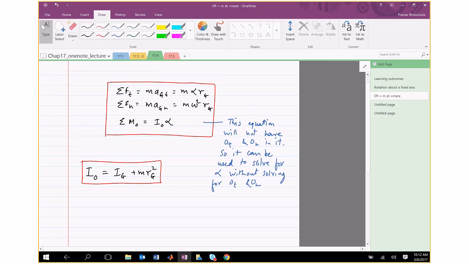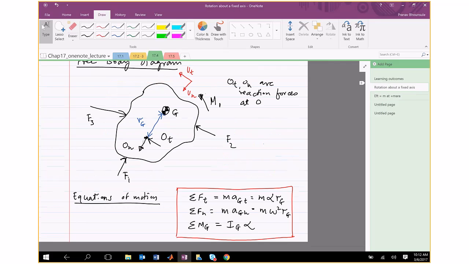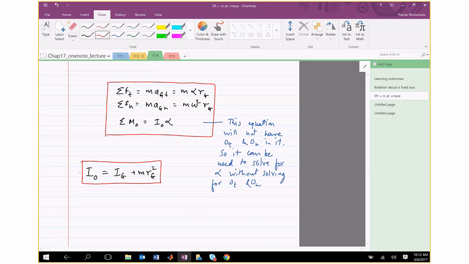Really there are two sets of equations. You can either use this set, or you can use this set, knowing that IO can be computed using the parallel axis theorem.